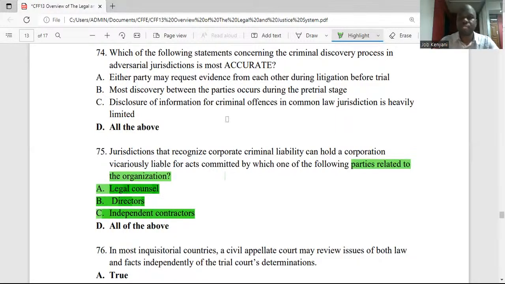So maybe I can share something about vicarious liability. So just on the group there. So let me get it.